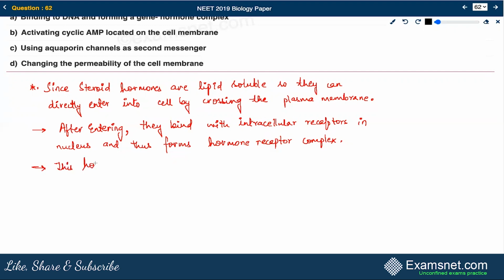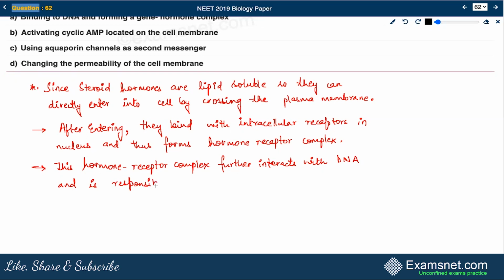All right, so you can say that this hormone receptor complex further interacts with DNA and is responsible for transcription and translation.